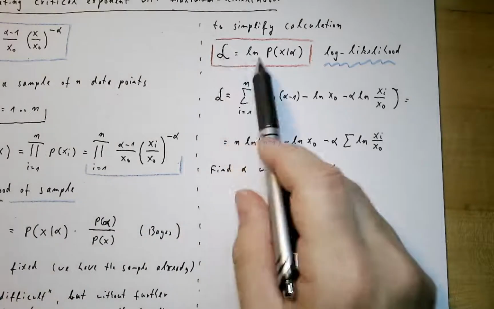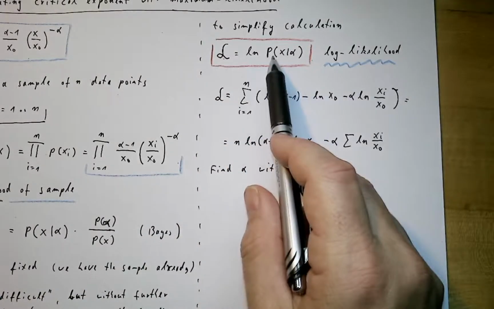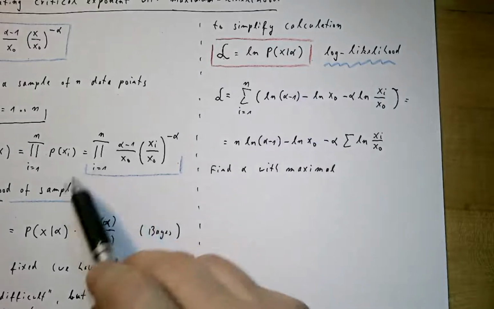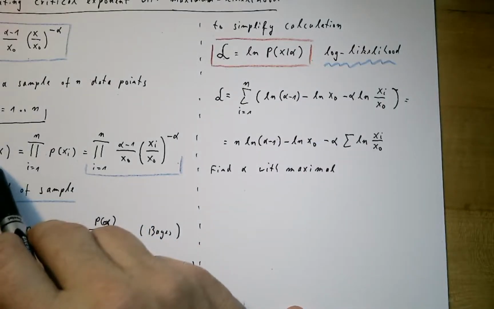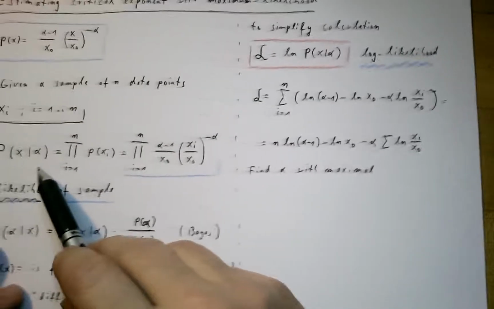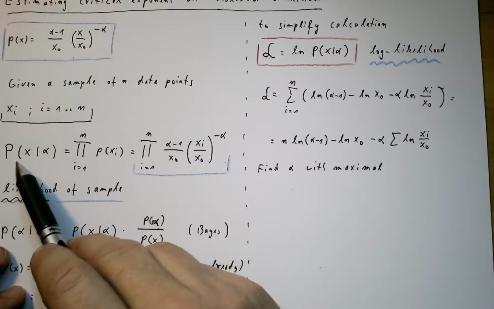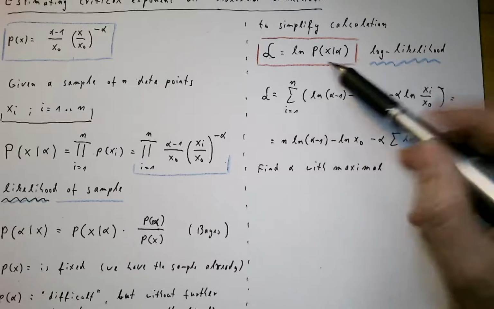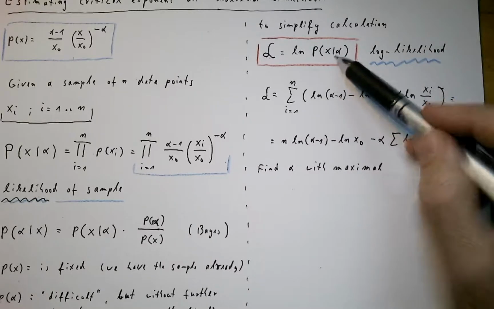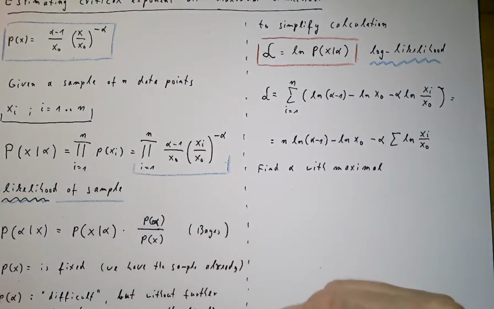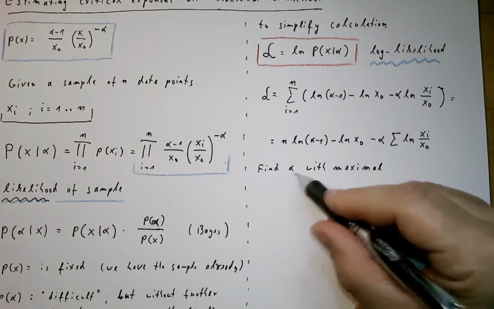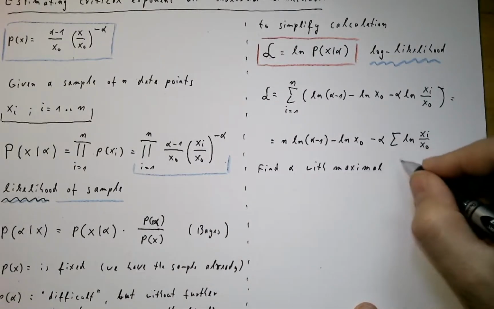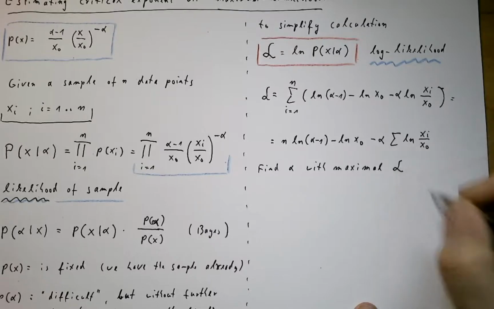But since the logarithm is a monotonic function, the alpha which maximizes the likelihood will also maximize the log likelihood. So it's okay if we maximize the log likelihood, then we have also maximized the likelihood. So find alpha with maximal log likelihood.